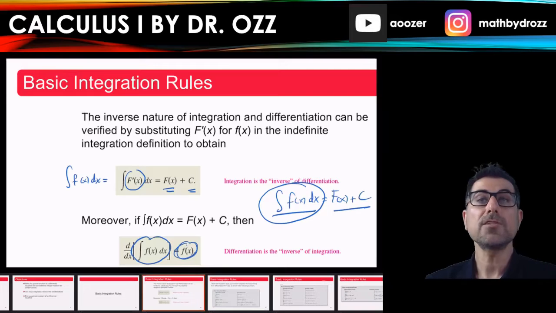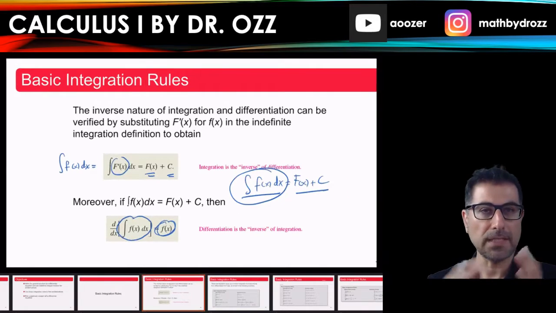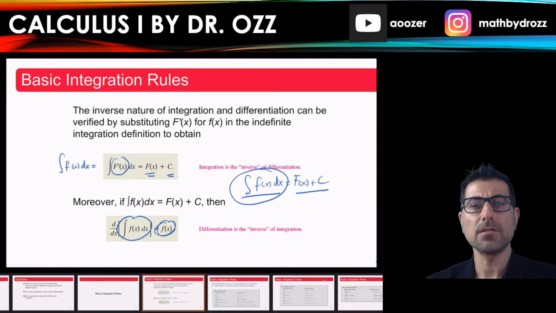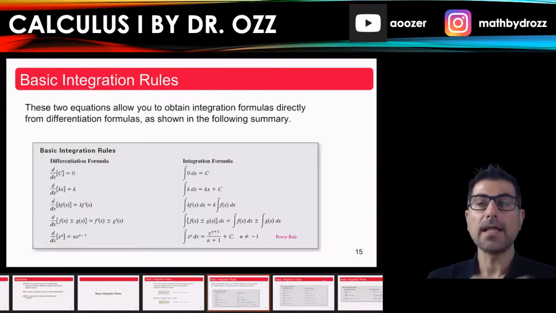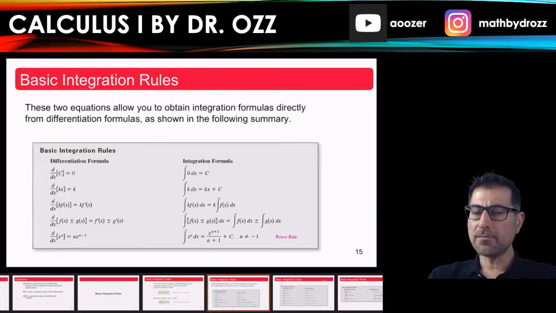For that reason, differentiation is the inverse of integration. Keeping this in mind, we can go back to the differentiation formula card that we had earlier in chapter 3. In fact, a copy of the PDF file is already provided in the Blackboard module. So we can go back and forth between differentiation and integration as they're inverse operations.